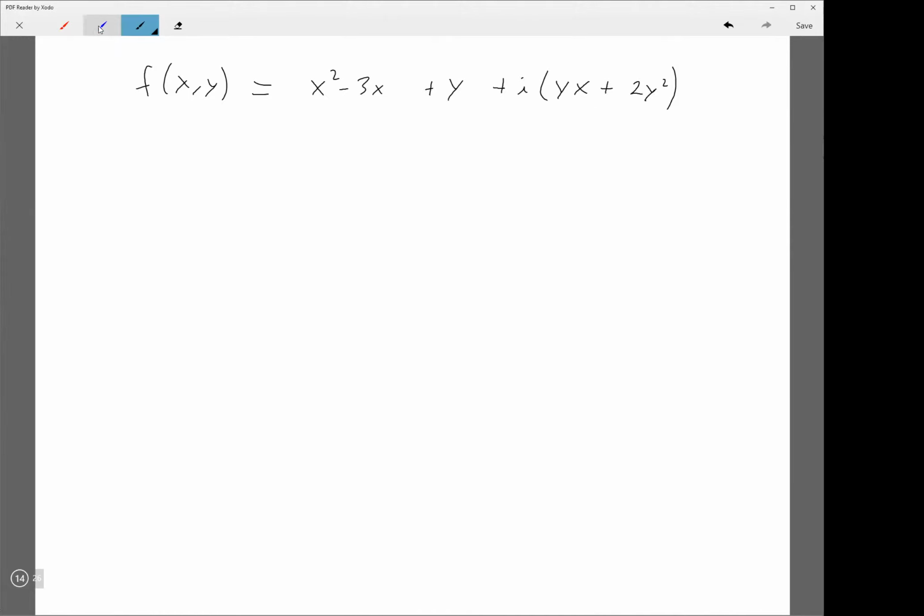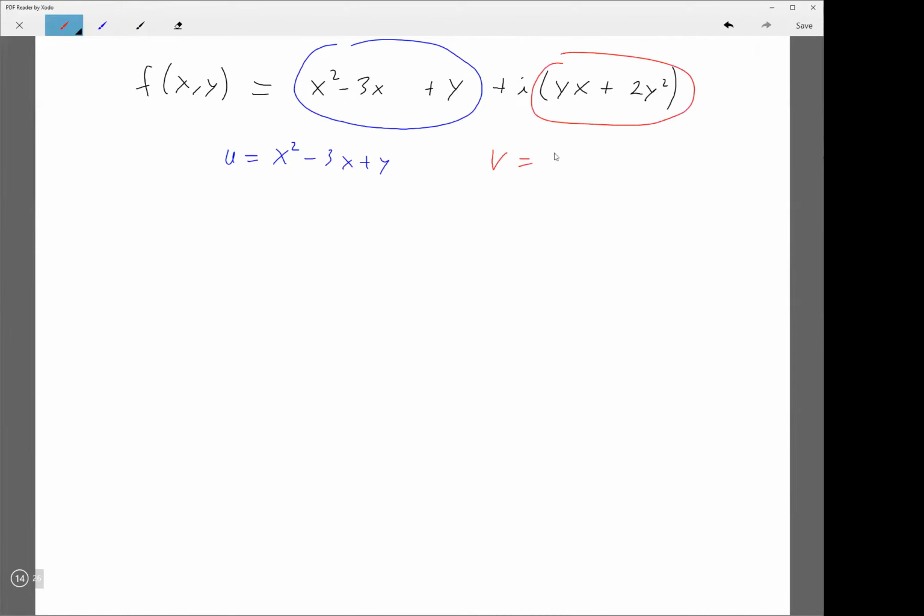Then what you do is you identify the real and imaginary parts of the function. So u is going to be this one right here, and then v is going to be this right here. And then your Cauchy-Riemann equations are ux equals vy, and uy is negative vx.